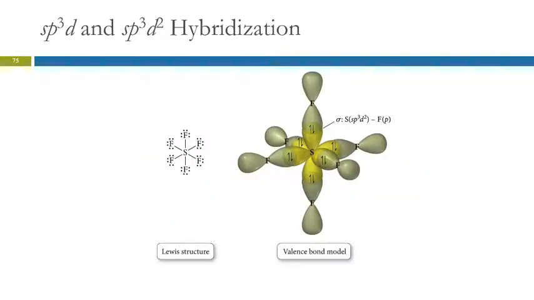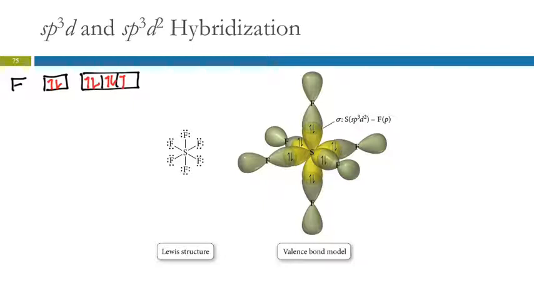So here we have sulfur hexafluoride. So again, we're looking at fluorine. Fluorine with its 7 valence electrons. We're not going to hybridize that. And so it has 1 half-filled orbital. And we learned that a lot of the time fluorine makes 1 bond.